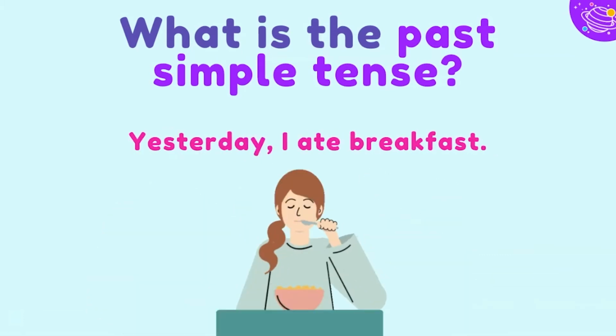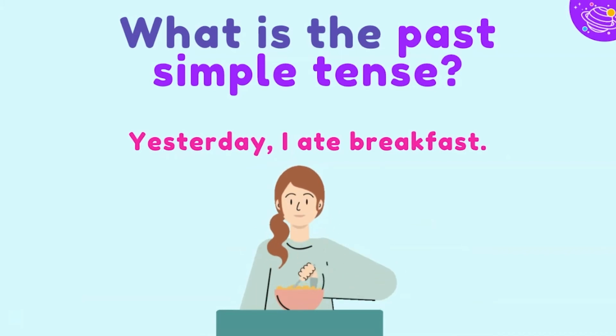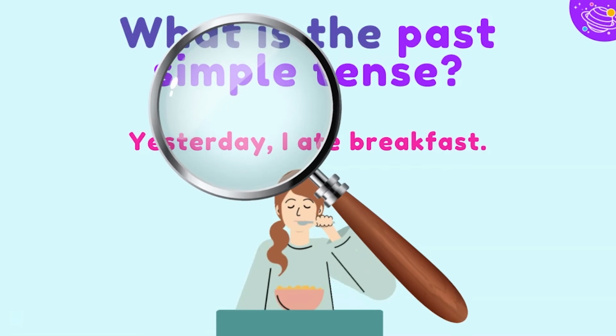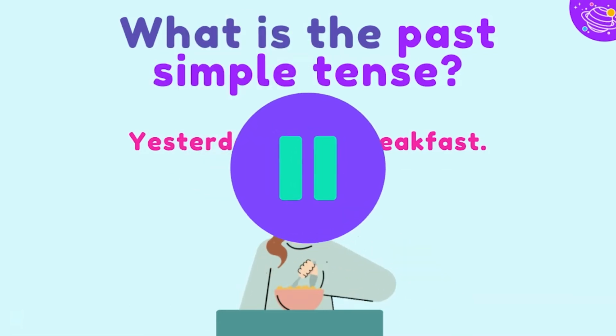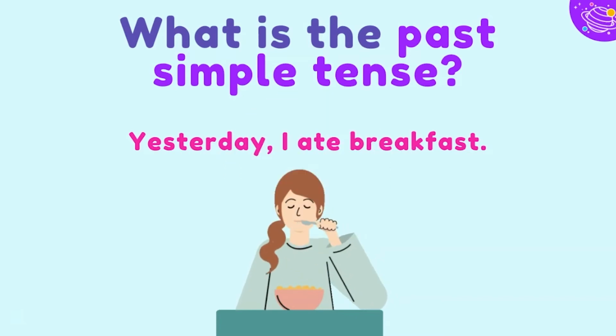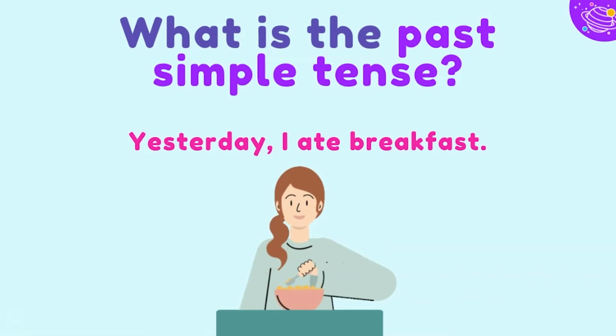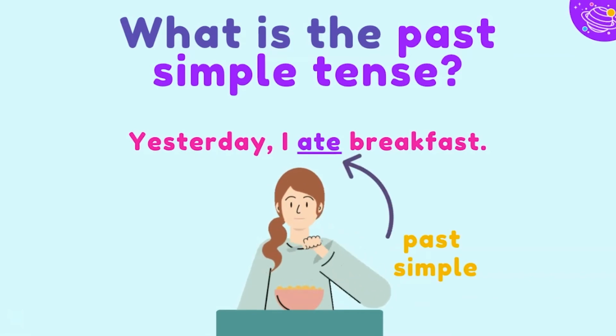Let's try one more. Yesterday, I ate breakfast. Can you find the past tense verb? Pause to think or keep watching for the answer. So the past tense verb is ate.